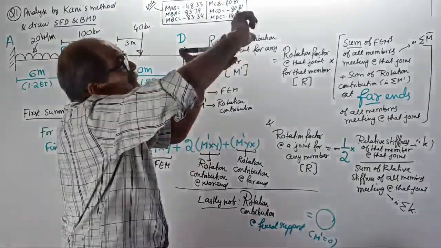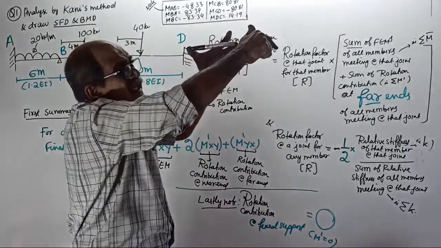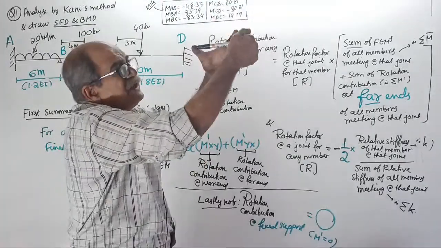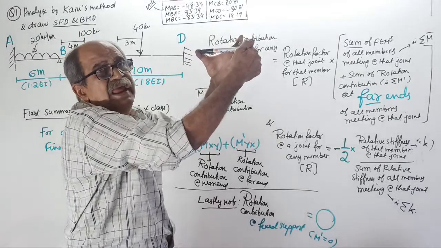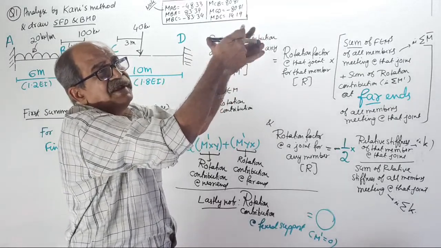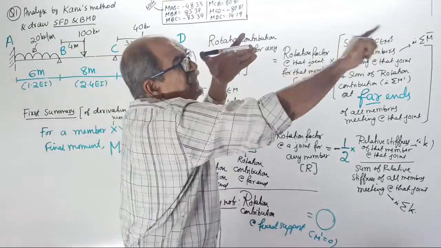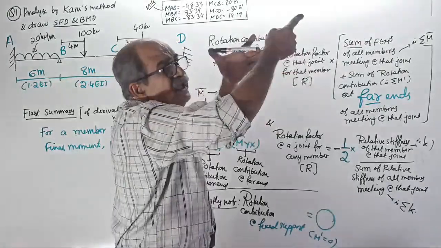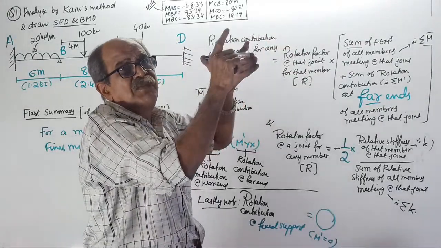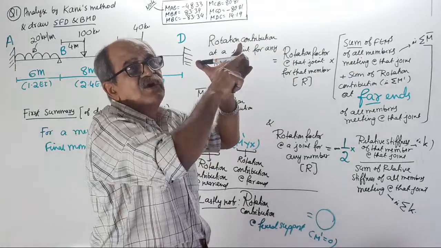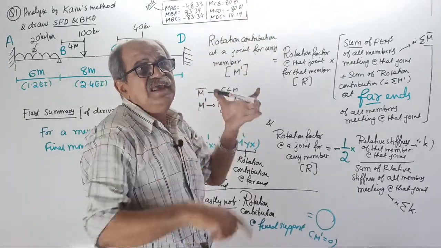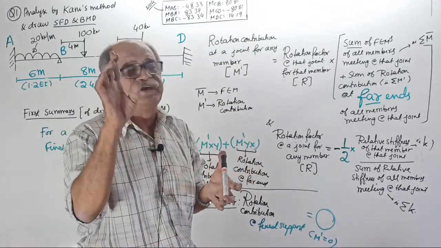If I want MBA, the corresponding FPM plus 2 times the contribution at B plus the contribution at A. Suppose BC is there: M bar BC plus 2 times the contribution at B plus the contribution at C.